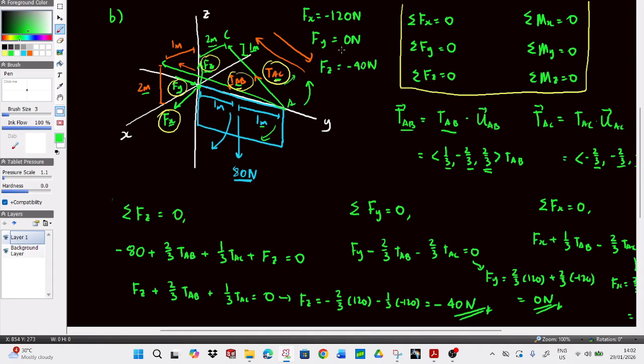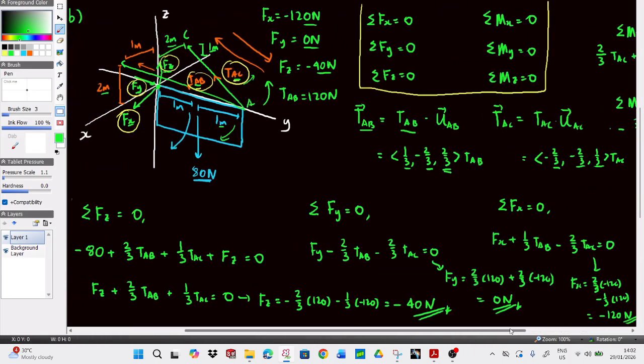Okay, that's the support reaction at the ball and socket joint. Then your tension at AB is 120 newtons. Okay, tension in the cable is 120 newtons. And the tension at AC is negative 120 newtons. Okay, so this is your final answer for part B.